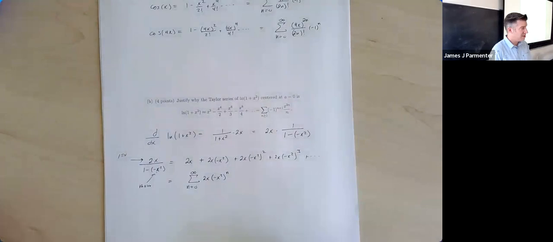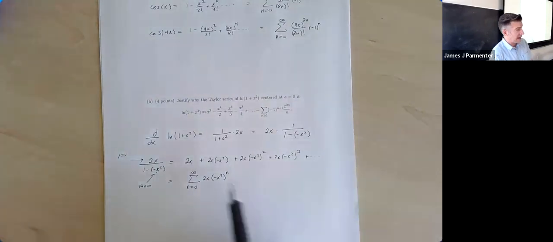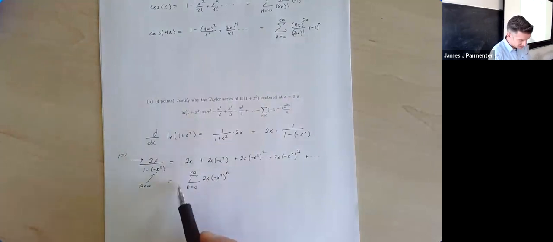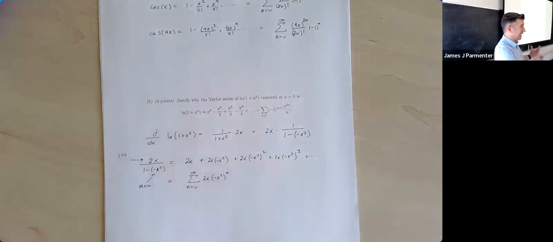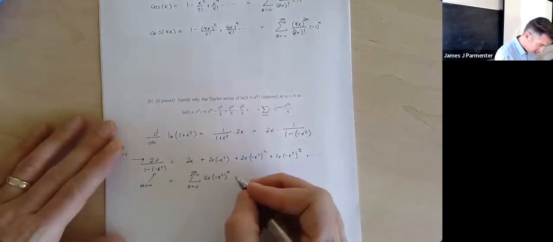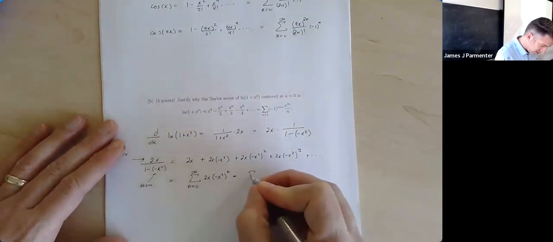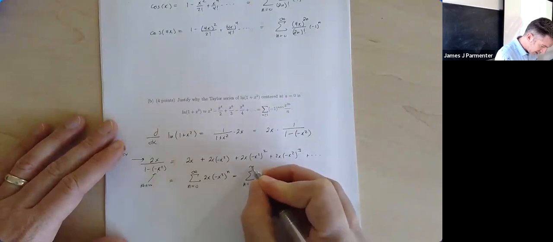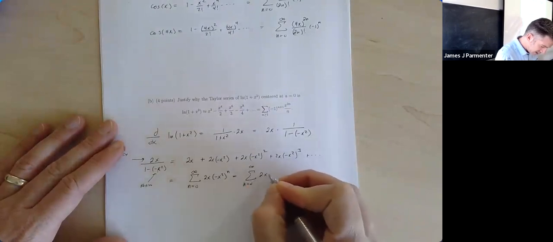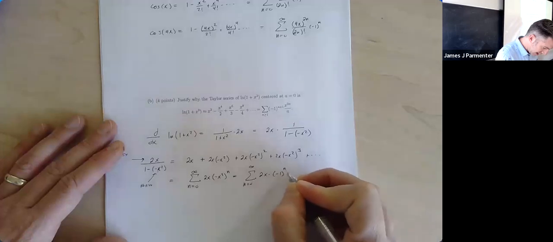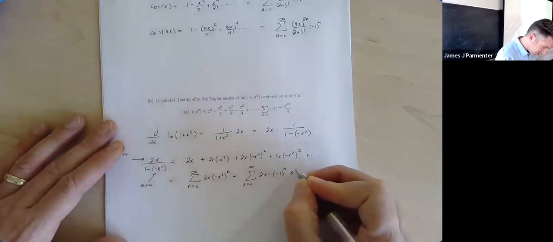We're going to want to anti-differentiate this to get back to the function we started with. Before I do that, I really should simplify this so I have just x to the whatever by itself, because that's the only part we're actually going to anti-differentiate. The rest of it's just a constant as far as x is concerned. So here, I'm going to write this as the sum from n equals 0 to infinity of 2x times negative 1 to the n times x to the 2n.